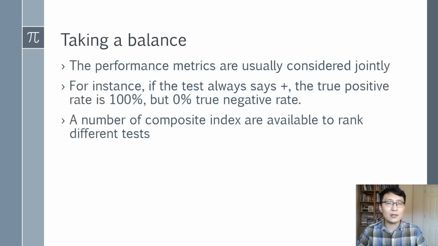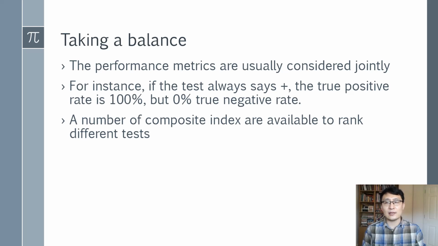The final point I want to make is taking a balance of different metrics. The reason is that one performance metric is not enough. If you look at the fundamental table I showed previously, sensitivity and specificity are often considered jointly.